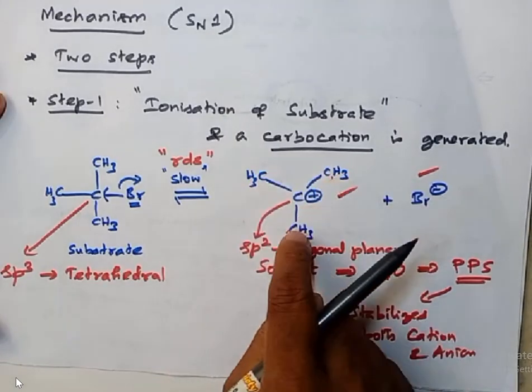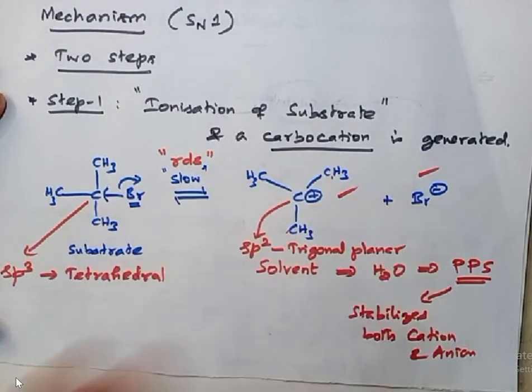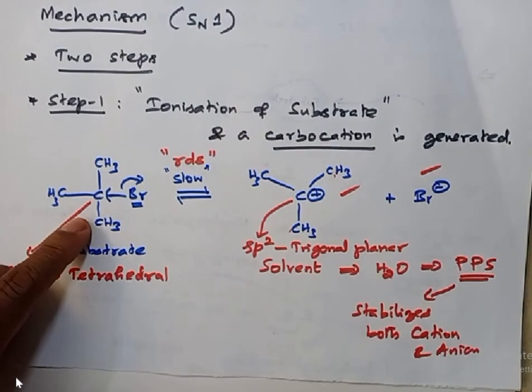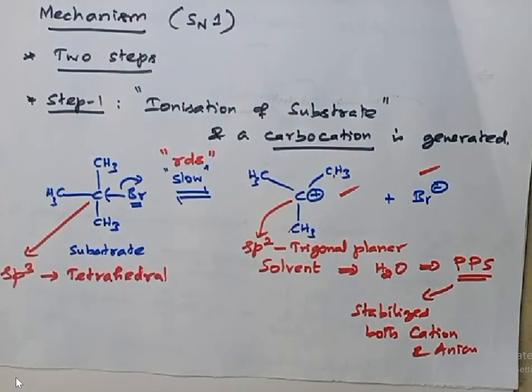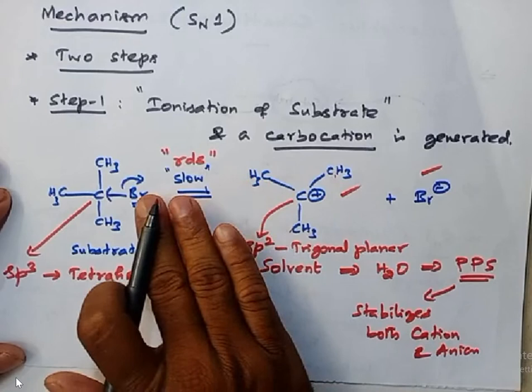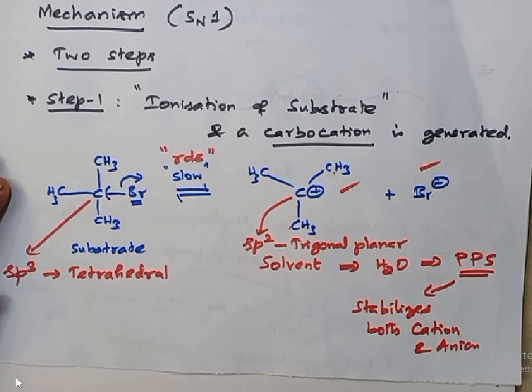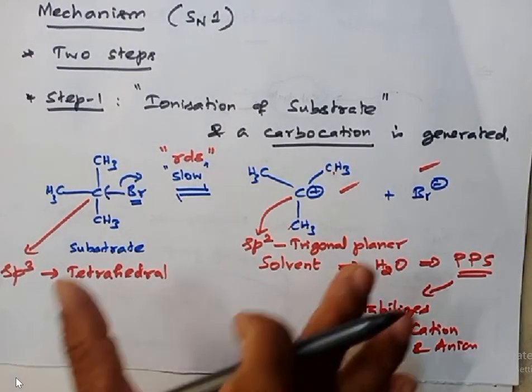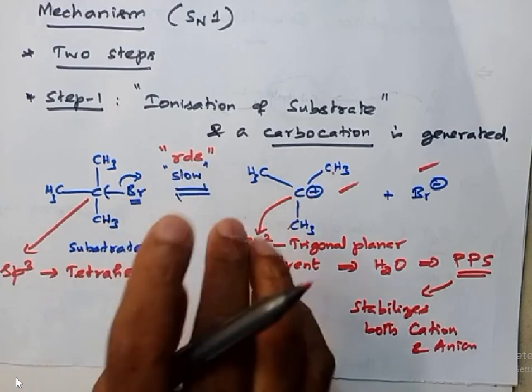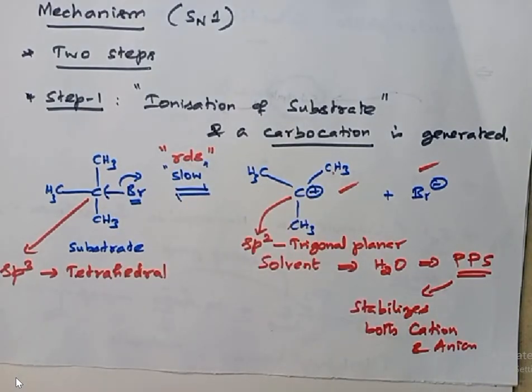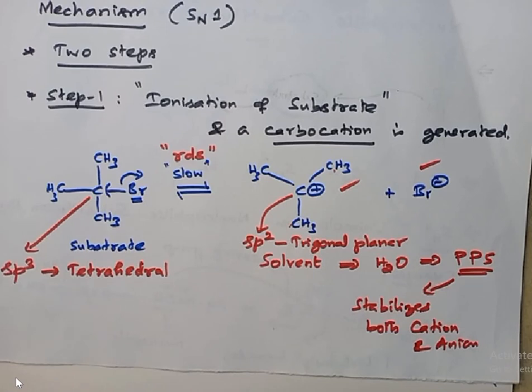The carbon and all three methyl groups exist in the same plane. So a tetrahedral molecule becomes a planar molecule. This is the first change that occurs in the Sn1 reaction. In the first step it becomes a flat ion, the carbocation. So this is the first step. The first step is the slow step, and that is the rate determining step in the Sn1 reaction. Is there any doubt up to this?